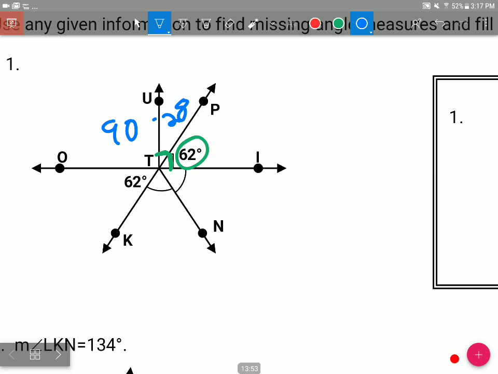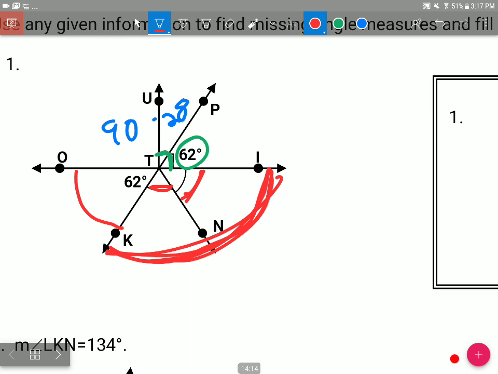How are we going to get to these 2? Maybe we'll say get to this one. Is there a way we can get to this angle right here? They're not quite supplementary because these 2 don't add up to 180, but this one and that one add up to 180. Good. 180 minus 62 will get me this big one.